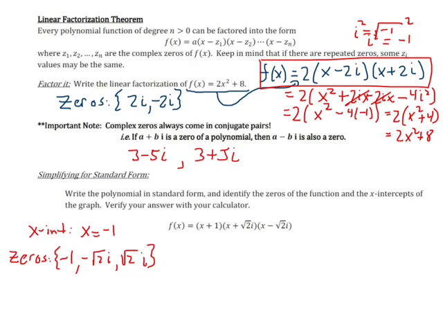Okay, so let's go ahead and do that multiplying and write it in standard form. Let's start with multiplying these right two. Okay, so we're going to get x times x is x squared, and then we're going to distribute this out.